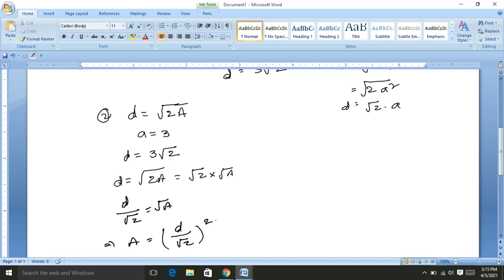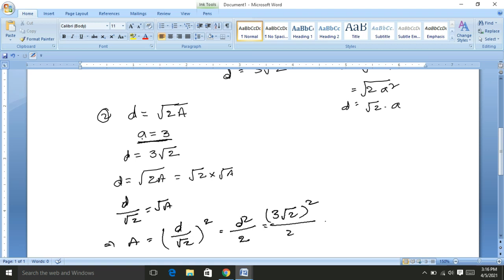whole square, right? That means area equal to d square by root 2 whole square. Root 2 whole square equal to 2. So for the side a equal to 3, by using d equal to 3 root 2, this is 3 root 2 whole square by 2.